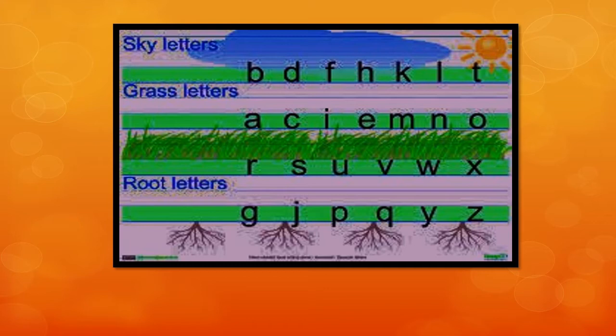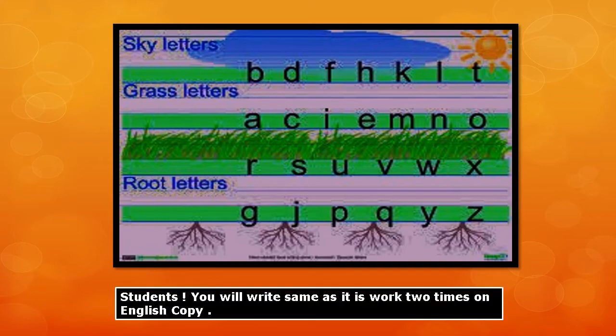Okay, and 13 letters are grass letters and root letters will in lower 3 lines and 5 letters are root letters. Okay, so dear student, you will write same as it is work 2 times on English copy.